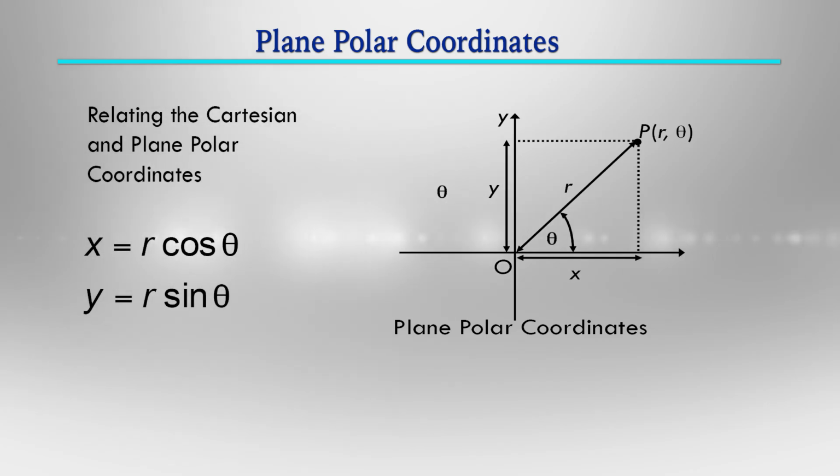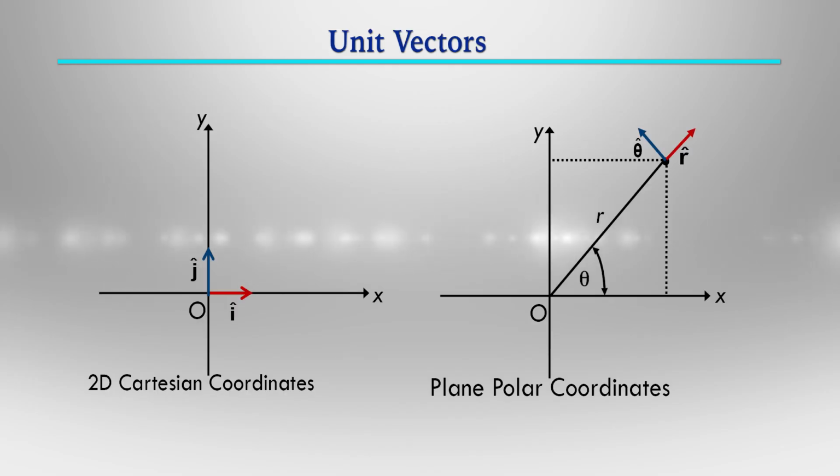So, this is a right angle triangle, and you can see that x is equal to r cos theta and y is equal to r sin theta. So, this is the equivalence between the x and y coordinates, the two-dimensional Cartesian coordinates, and the r theta coordinates, which are the plane polar coordinates.